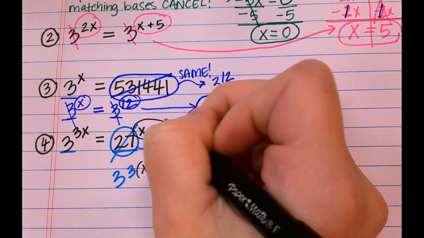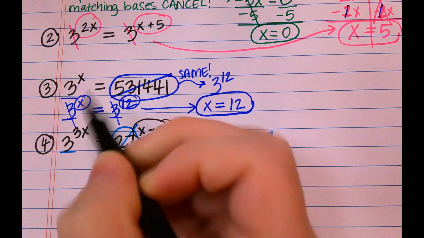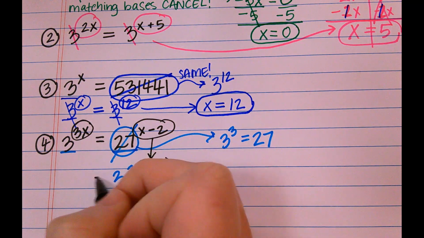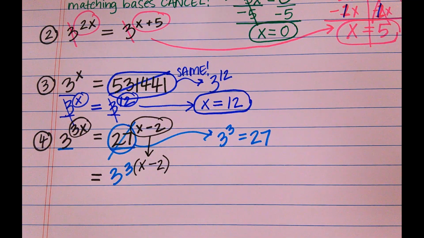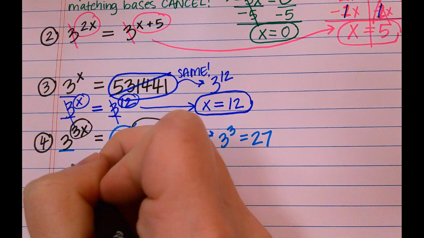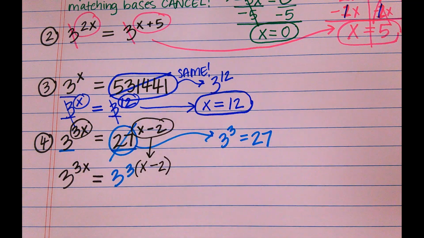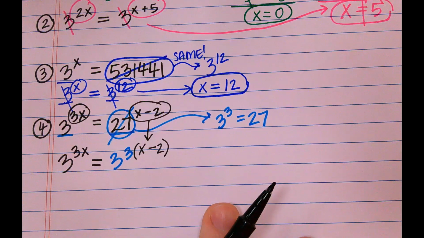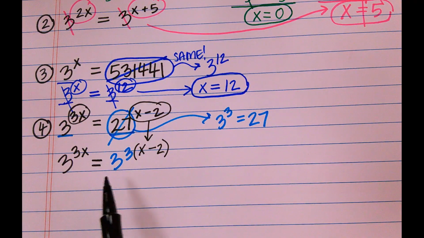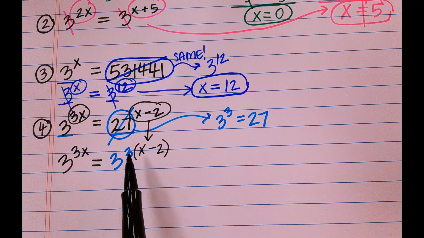So we're bringing down the x minus 2, and we're still going to bring down the rest of the equation. So what else comes down? 3 to the third power. Yes. 3 to the 3x power. Okay, so now I have 3 to the 3x power equals 3 to the third power times x minus 2.